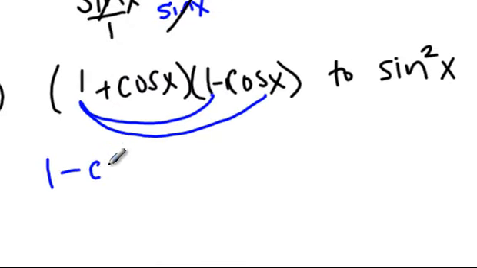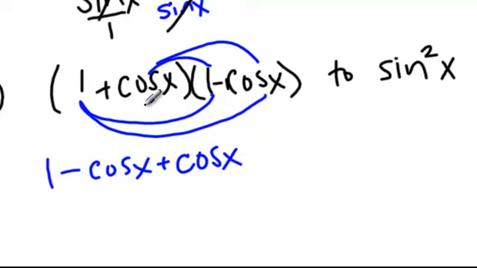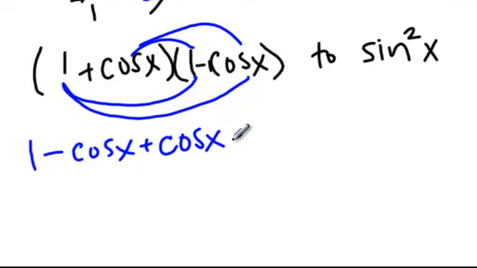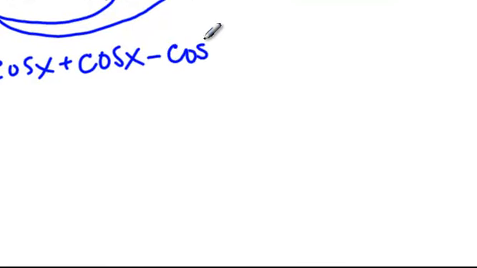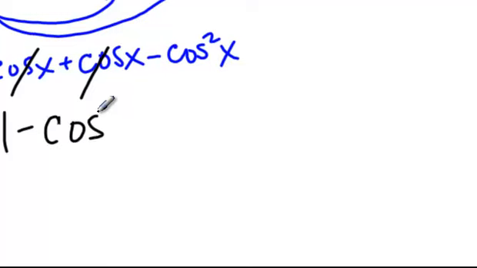So you got 1 minus cosine of x, you got plus cosine of x, and then cosine times negative cosine gives you negative cosine squared of x. Okay? These cancel, so you're left with 1 minus cosine squared of x.